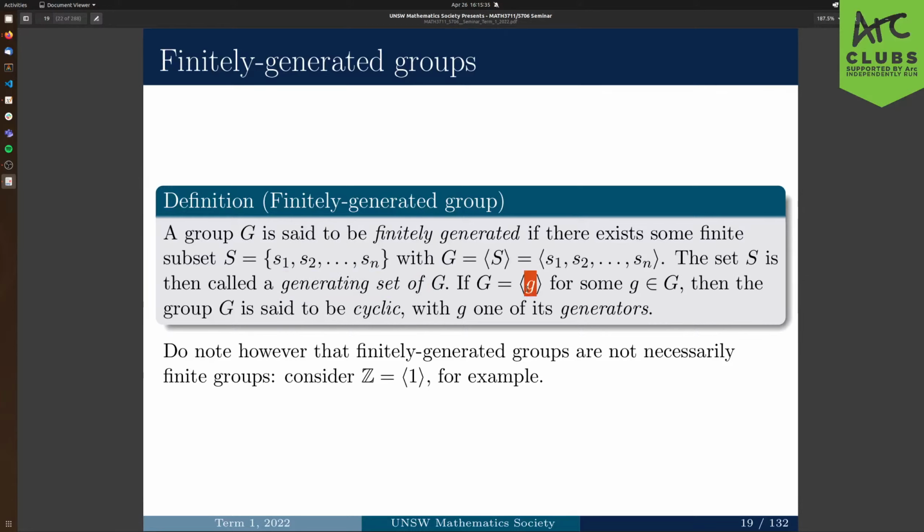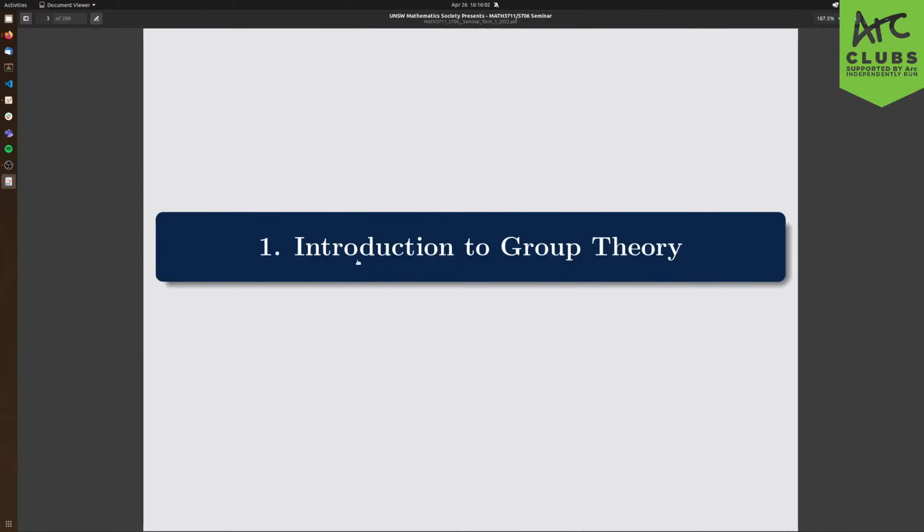And if this set S is only one element big, then we call this group cyclic, and we call that element a generator. It's cyclic because it just contains powers of g. Once you get up to a certain point, you loop back to the identity, so you've got cycles. Cyclic groups are quite important. We'll talk a lot about those in this seminar.